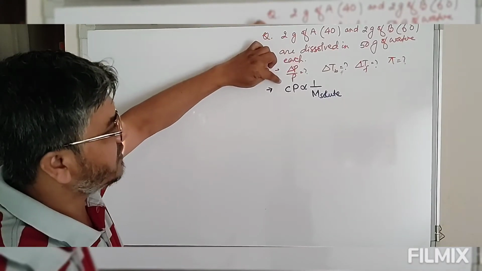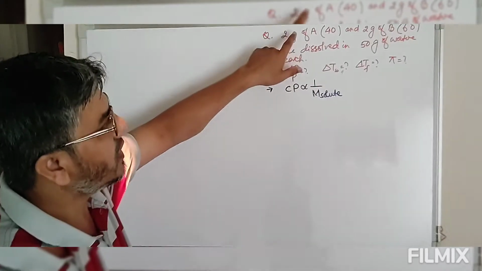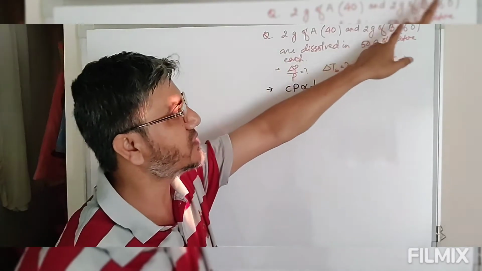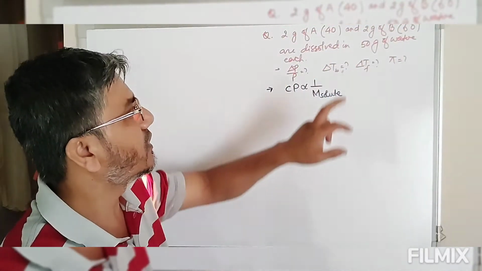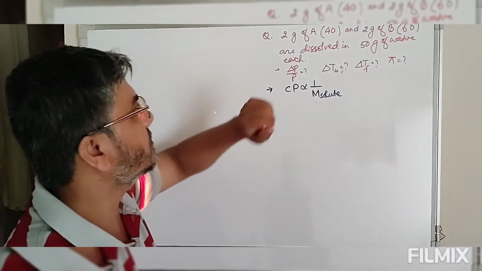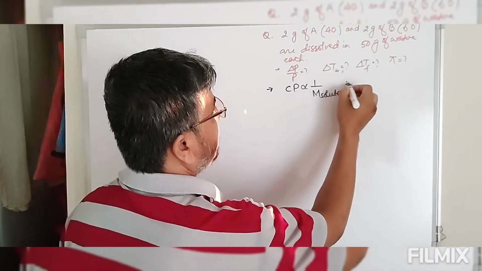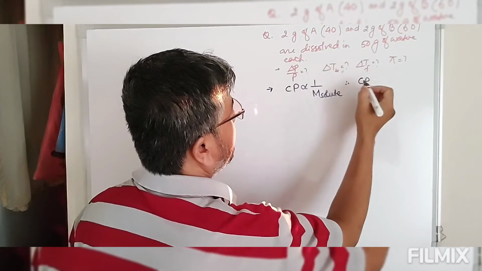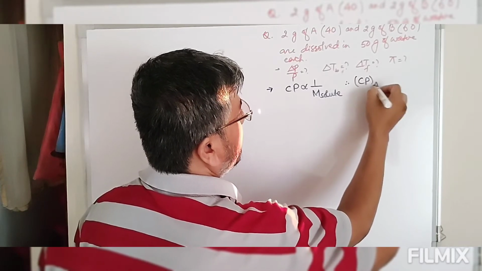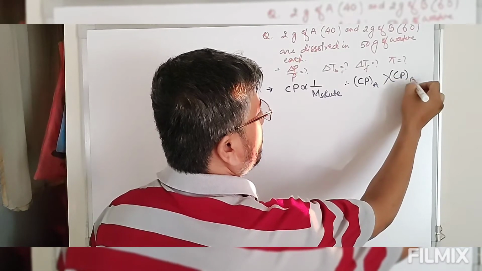Since colligative property is inversely related to molecular mass of solute, the molecular mass of A is 40 gram and the molecular mass of B is 60 gram. So 40 is obviously less than 60, therefore the colligative property of A will always be greater than the colligative properties of the B solution.